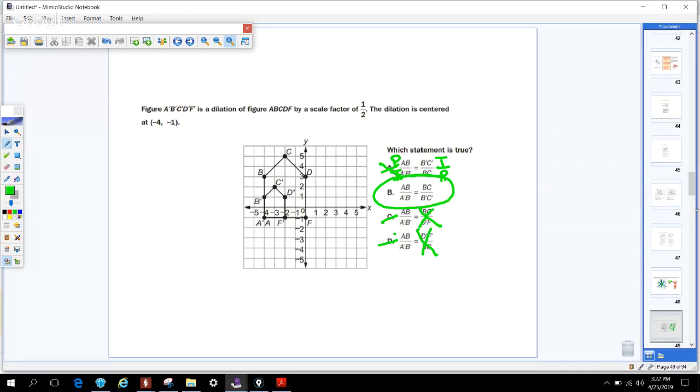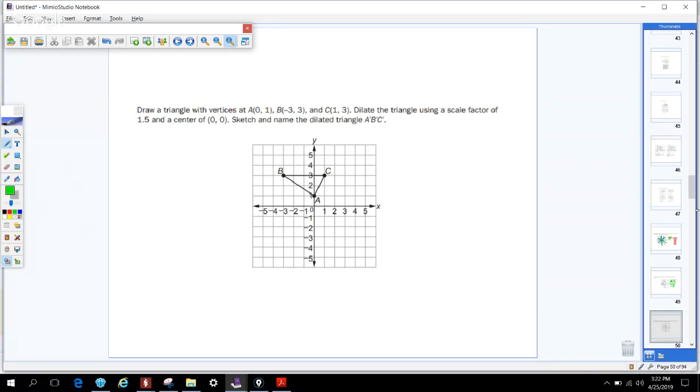Next, here, let's look at dilations real quick. For the dilations, all you have to do is multiply. We're not going to do this entire problem. But see how this says 1.5? All you're going to do is take 0 times 1.5. Don't worry about that bottom one. That gives us 0. 1 times 1.5 is 1.5. So that's our new point.